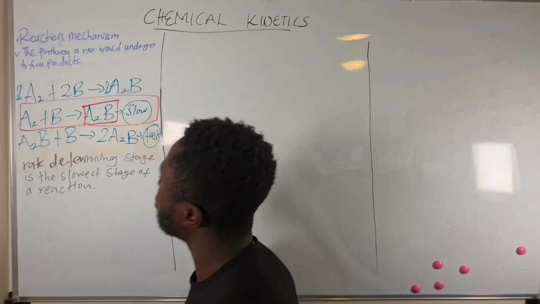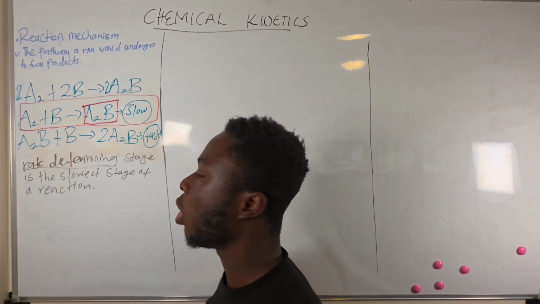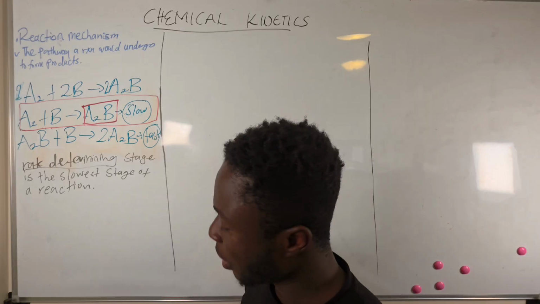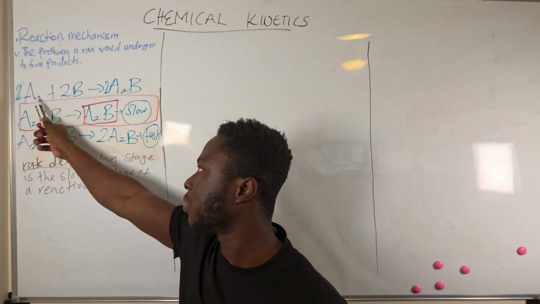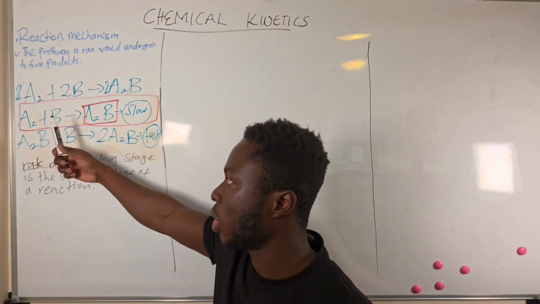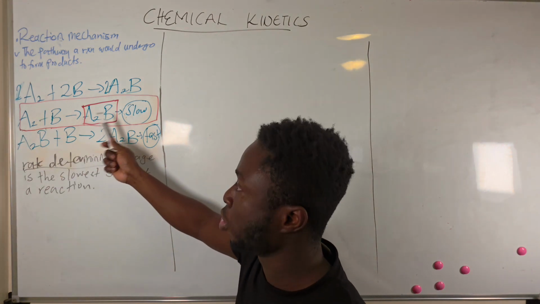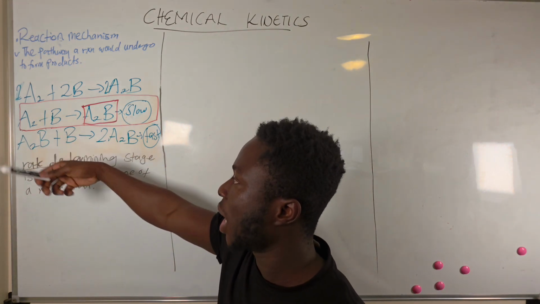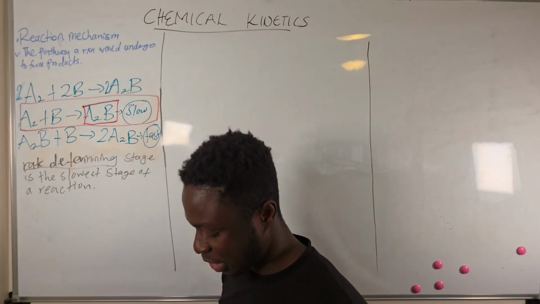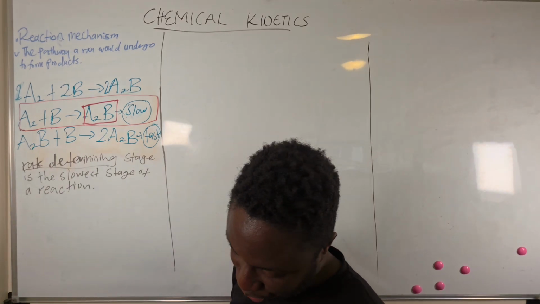The reason this is so is because you are only as strong as your weakest link. If we are going to determine the rate at which a reaction is occurring, we have to use the slowest stage, because that is what is factually measurable: we can measure how these compounds are being consumed, or how much of the products are being formed.